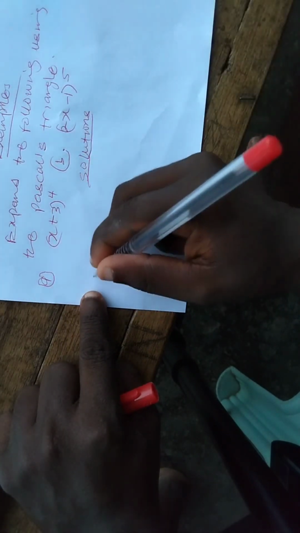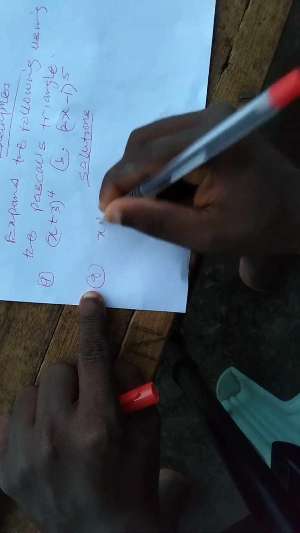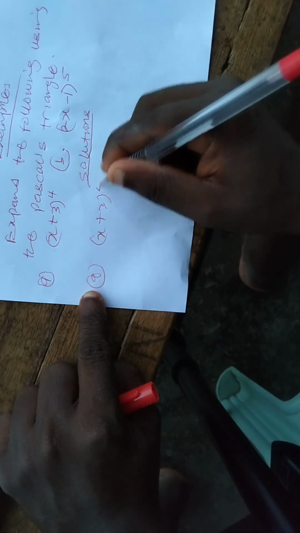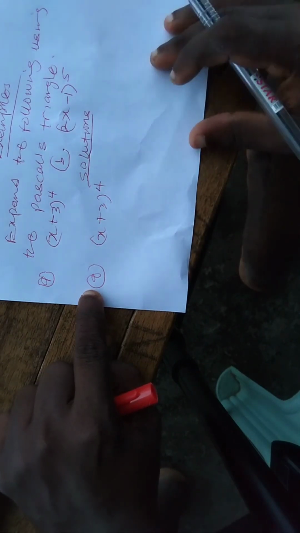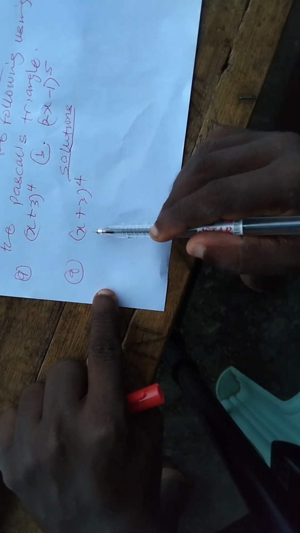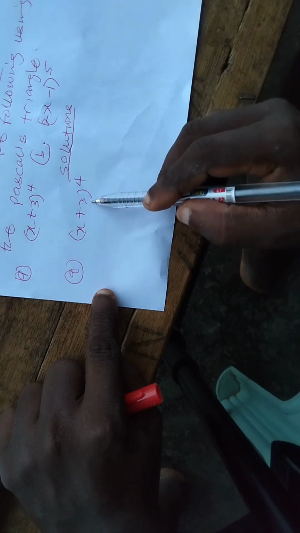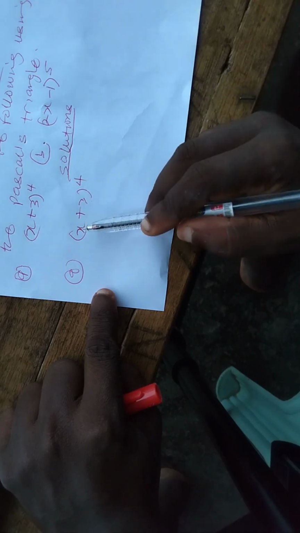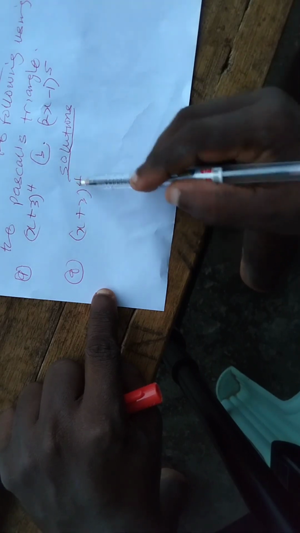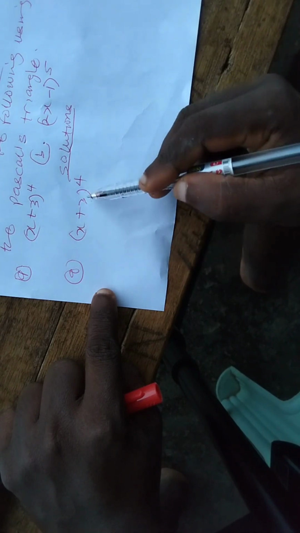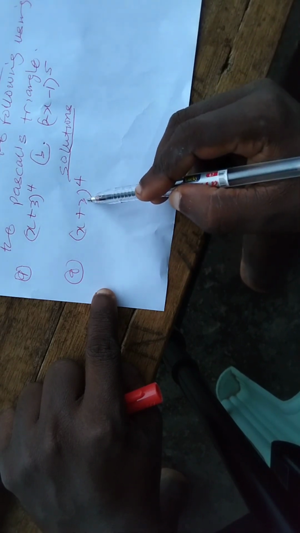So the first one we have x plus 3 raised to power 4. If you are expanding this, the first one inside the bracket we have the highest power, then the other one we have power of 0. As the power of x decreases, the power of 3 increases.